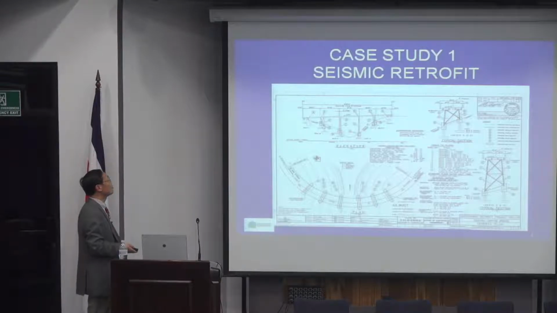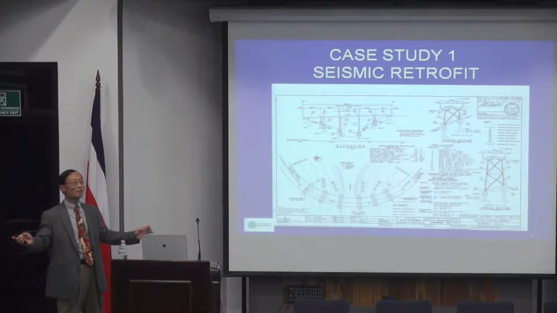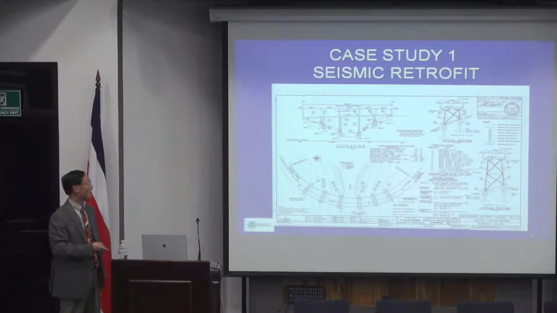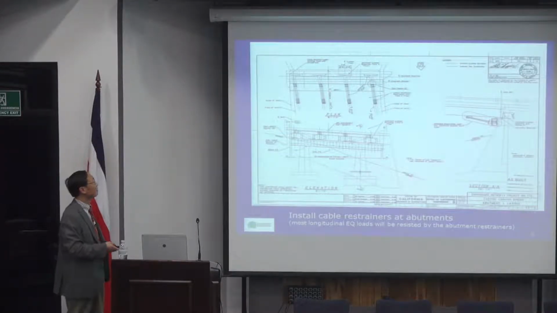So to resist the torsion, the most effective way is to restrict at abutments. Once you have both ends restricted, the torsional force in the middle piers will be minimized. And that's why they introduced a bracket. This bracket will restrict longitudinal movement.